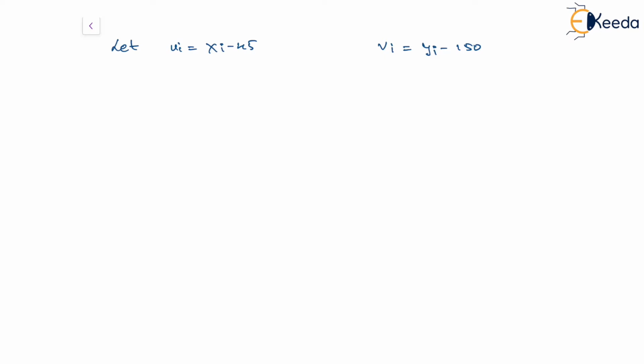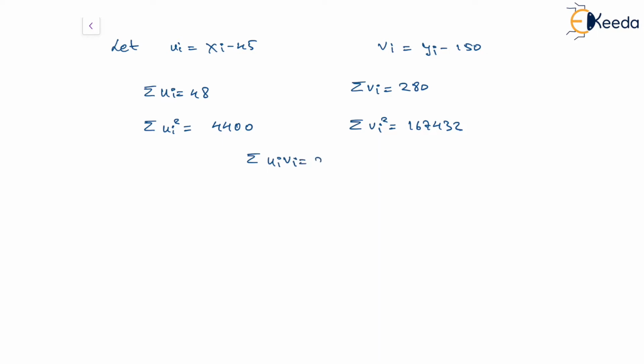So with the assumption that ui is xi minus 45, we can see that from the given data we will have summation of ui is equal to 48, summation of ui square becomes 4400. Similarly, summation of vi will be equal to 280, summation of vi square will become 167432, and summation of ui times vi will become 21680.